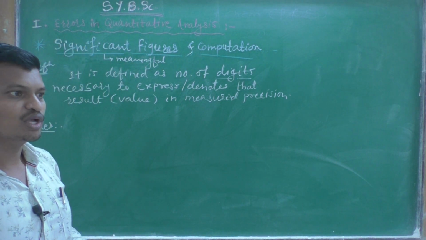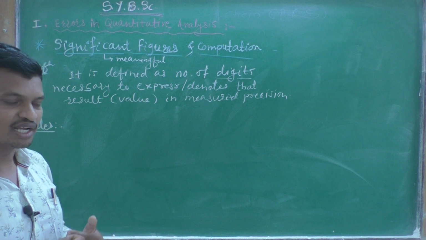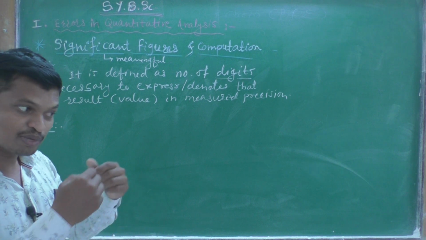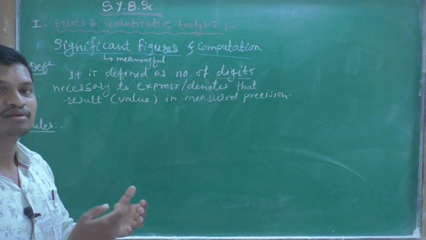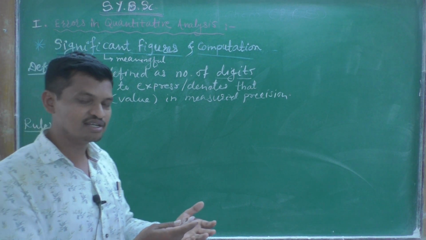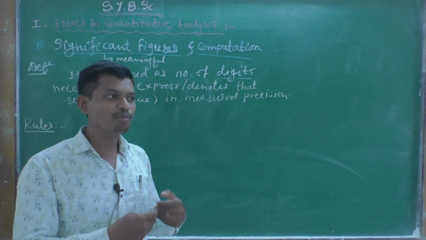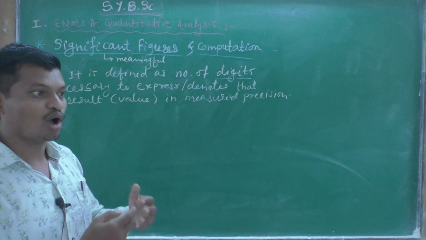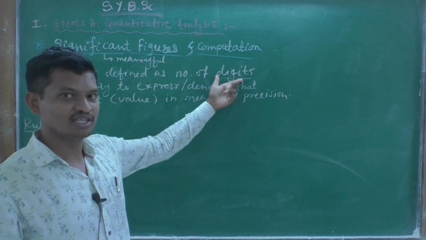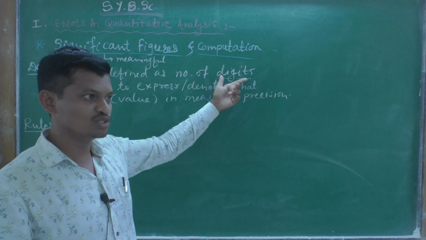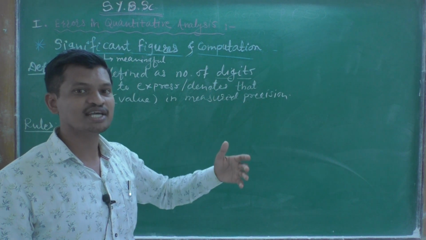So we are measuring the values, we are obtaining the results, and to express that result, how many digits are necessary?